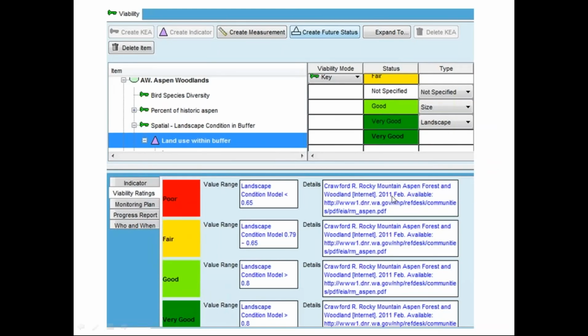We have this information from the same publication, and they've very nicely broken this out using a landscape condition model that already exists. We're able to overlay aspen stands on top of that model and come up with a spatial map of the condition of aspen stands across the whole landscape.